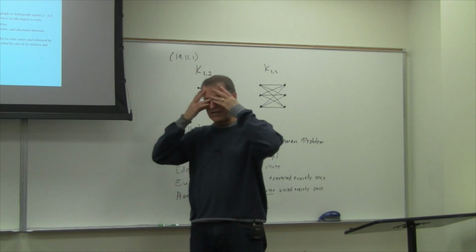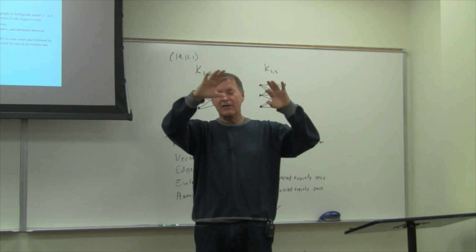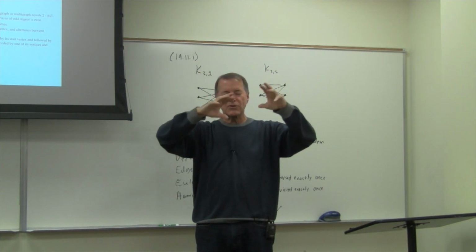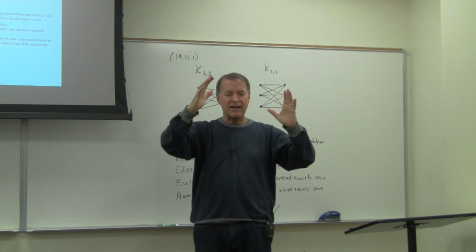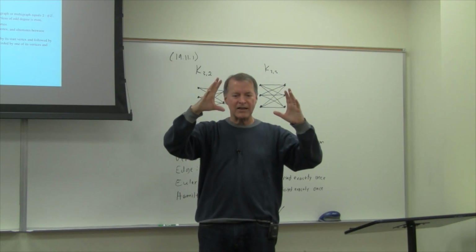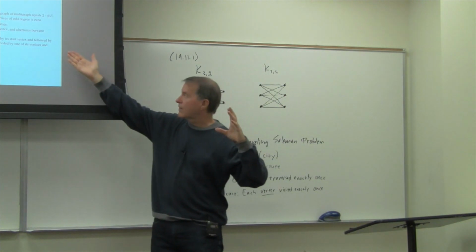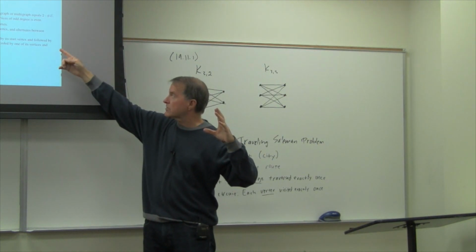Imagine all these vertices, right? With n edges. What do you know about a graph that has n edges? The number of odd degrees is even.